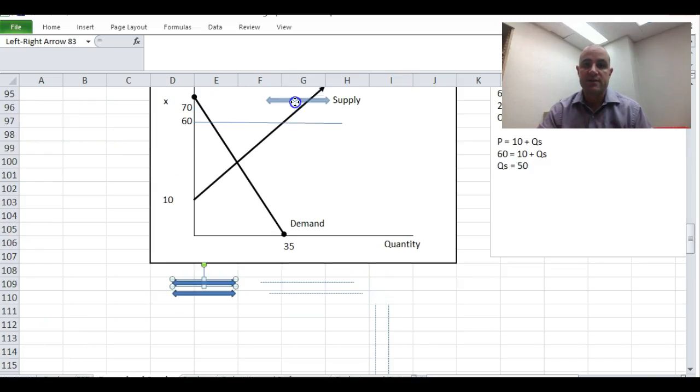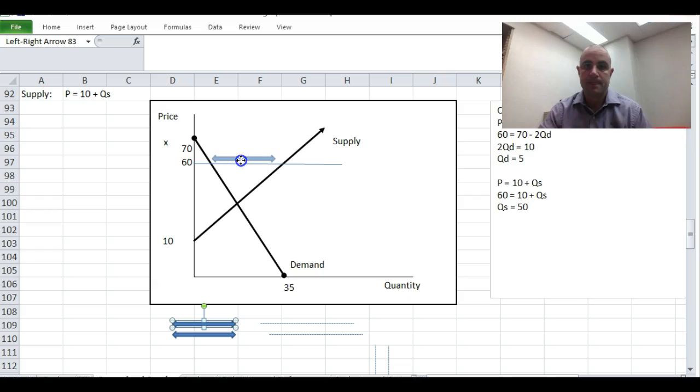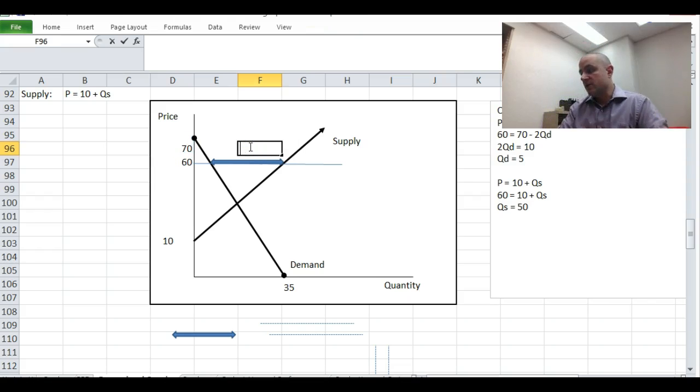And so when we look at this, we have a difference here. What we call this is a surplus.